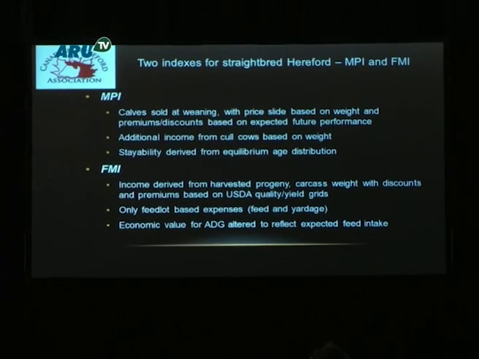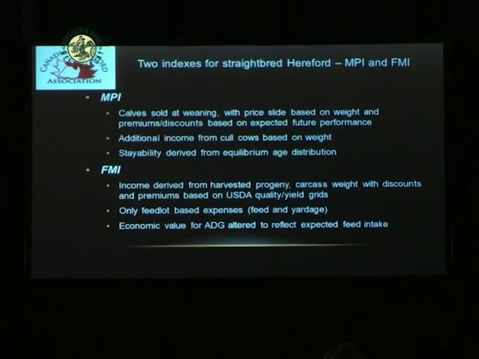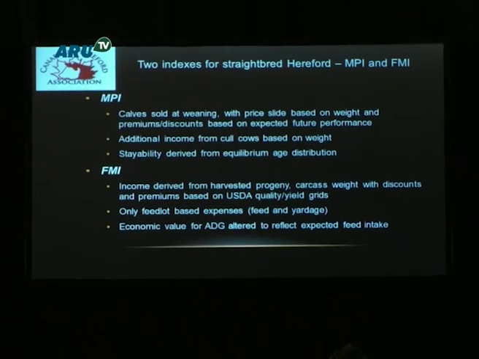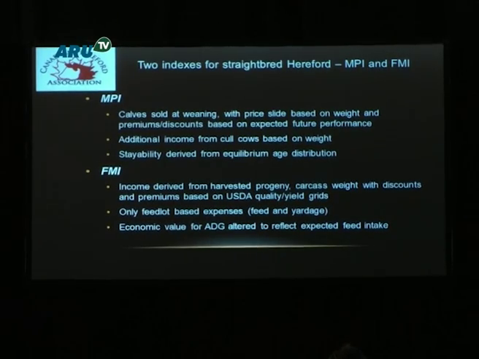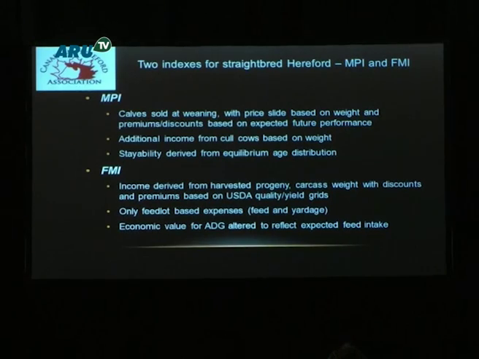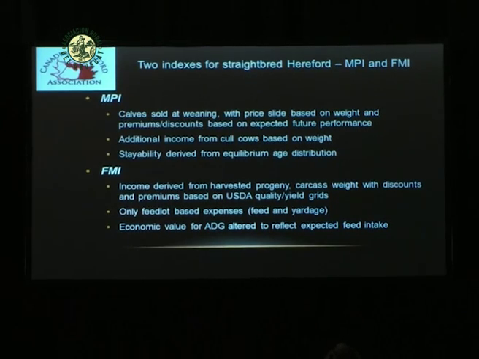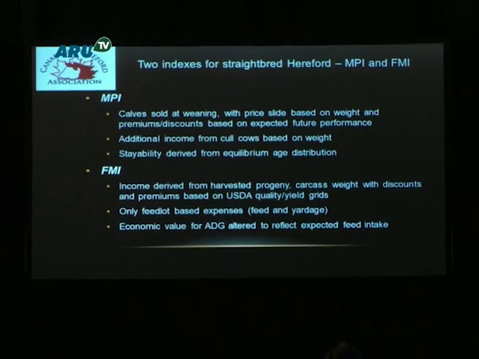I'm going to go through some features of each of the several indexes I'm going to talk about. The Canadian Hereford Association has two indexes based on straight-bred Hereford: the Maternal Productivity Index, MPI, and a Feedlot Merit Index, FMI. These are the adjacent segments of the production system.